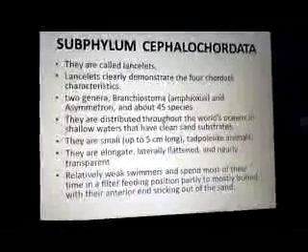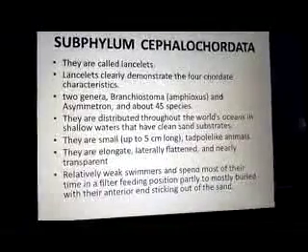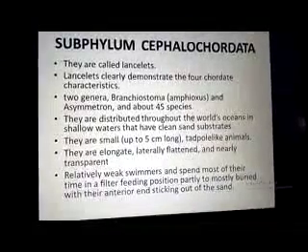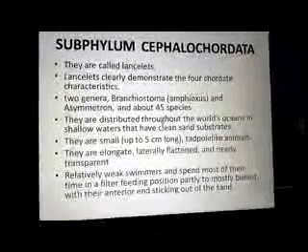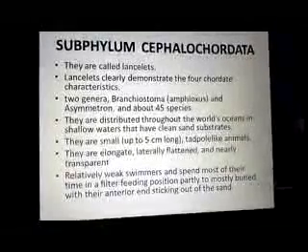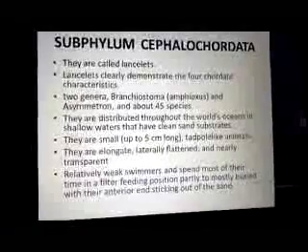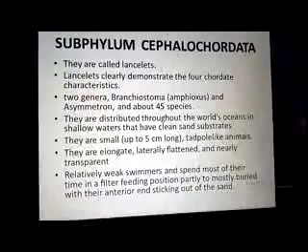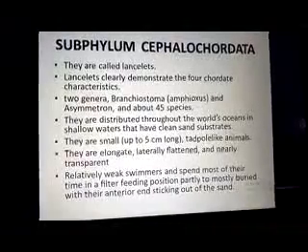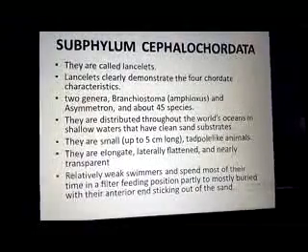Cephalochordates have two genera: one is Branchiostoma, of which amphioxus is the example, and the second is Asymmetron. Nearly 45 species of this subphylum have been identified.